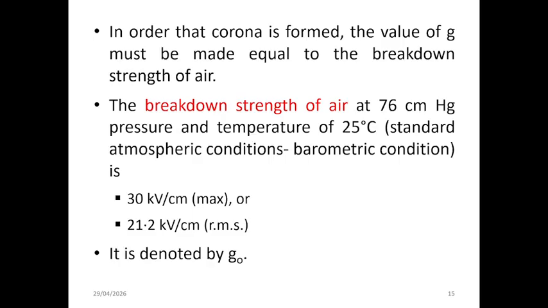In terms of root mean square, RMS value, it is about 21.2 kilovolt per centimeter. This critical value is denoted by G0 and is used as a reference in analyzing the onset of corona in transmission line design.